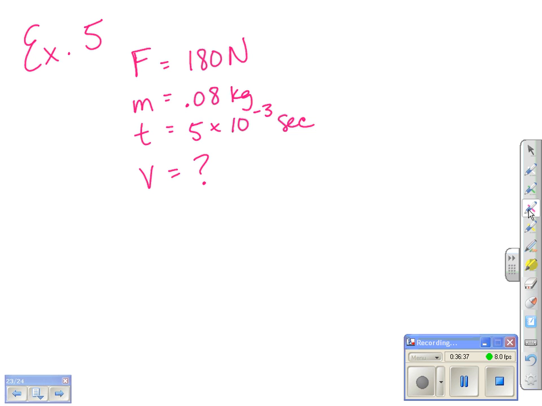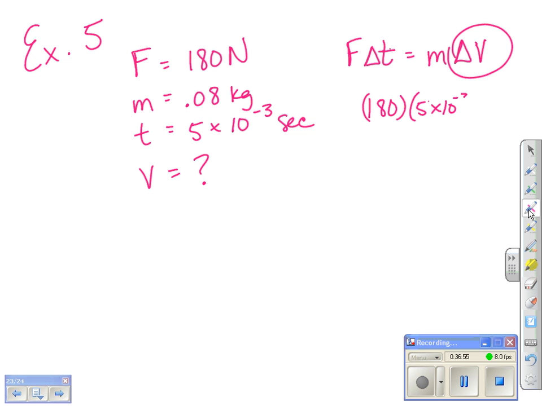So we use the formula F delta t equals m delta v, and we're solving for delta v. So we're going to say 180 times my 5 times 10 to the negative 3 divided by my 0.08. And we'll type that in our lovely calculators.